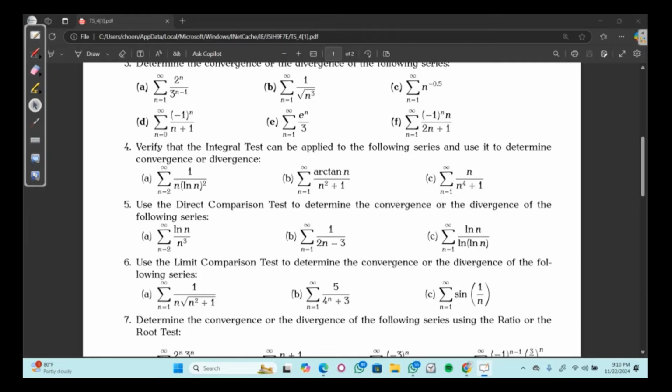Okay, then when it comes to the integral test, this is also pretty basic. That is under question 4.